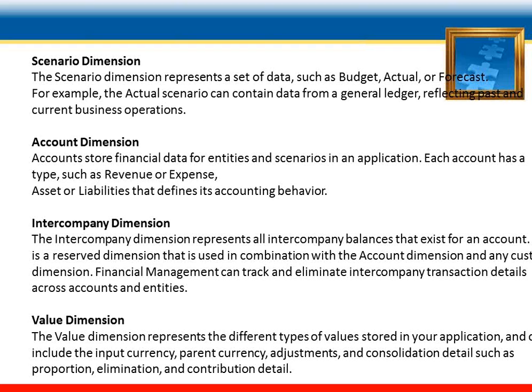Let's say sales. Sales comes in under revenue. Assets, any kind of fixed assets, or liabilities. So the account dimension stores financial data for entities and scenarios in an application.